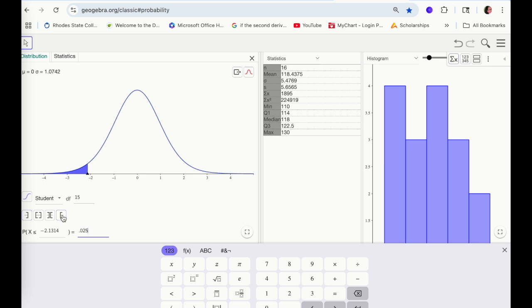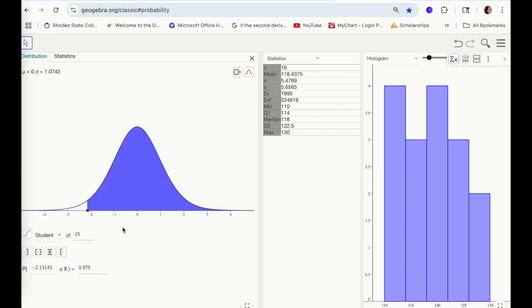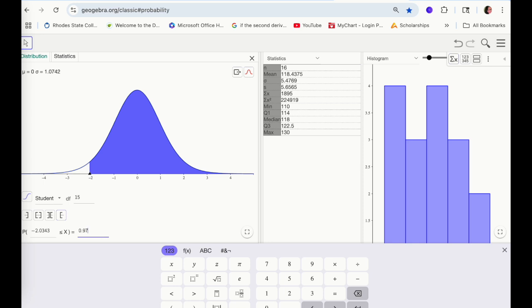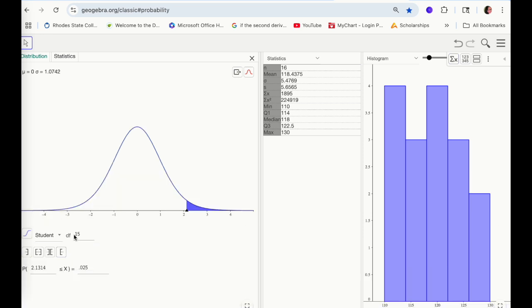So I'm going to switch to the right wing. And I'm going to put in 0.025. And I'm going to get the same thing, just positive. So my T-score is 2.1314. Now, just to review, if I want to make sure that I get 95% in the middle, I'm going to change this to a between.